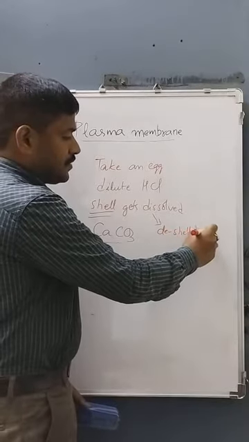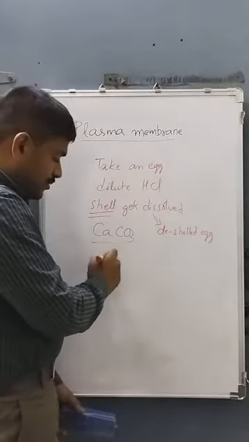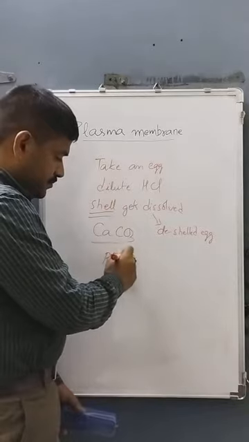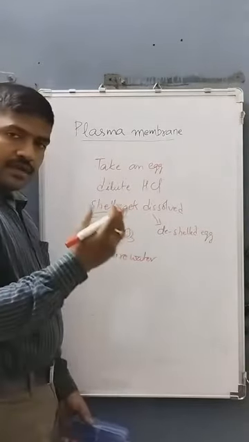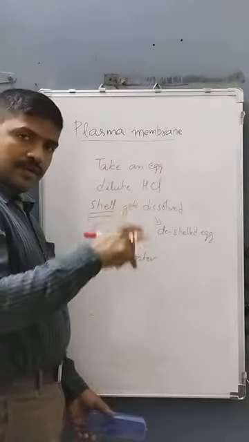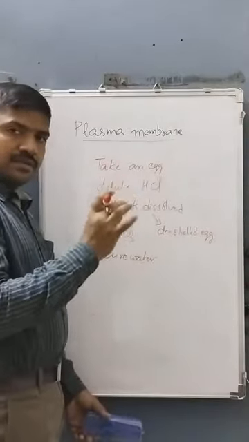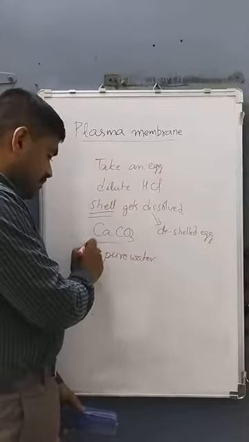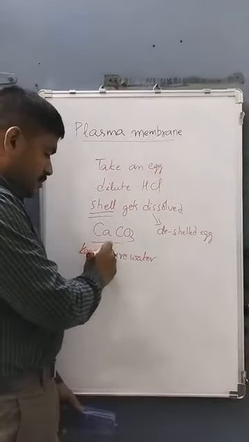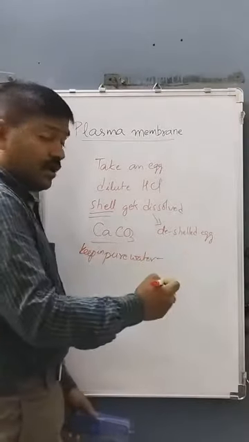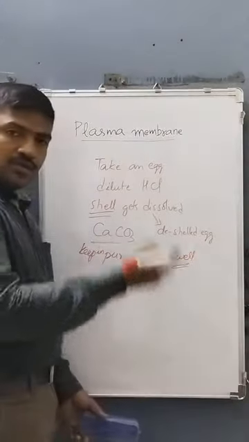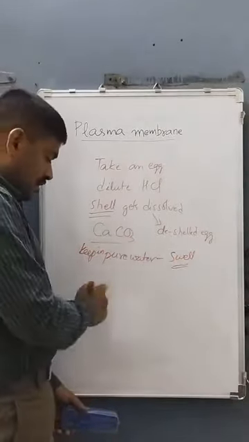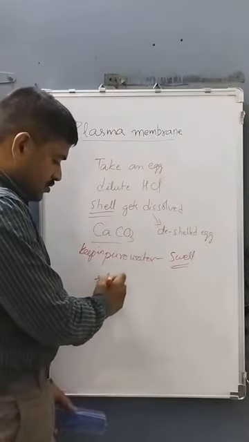Keep this de-shelled egg in pure water. When the egg gets de-shelled, it will be still covered with some membrane, that is semi-permeable membrane. Keep in pure water, the egg will swell. Take out this swollen egg and keep it in salt solution.